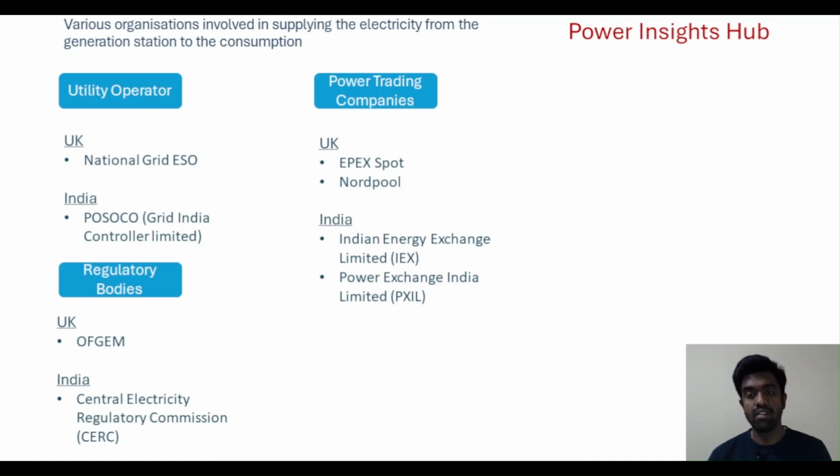Once the energy sector is completely privatized in India, if that happens, maybe they will introduce these kinds of markets. Right now, POSOCO is even taking care of the balancing mechanism or balancing services. But in the UK, since the network is completely privatized, they do have these markets and companies to take care of these kinds of services.